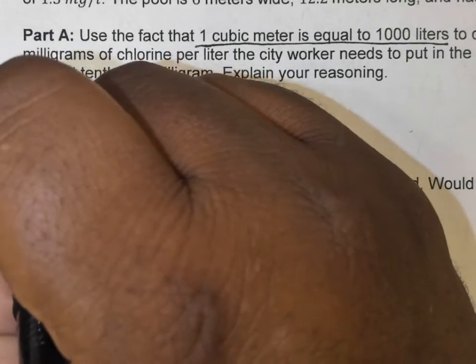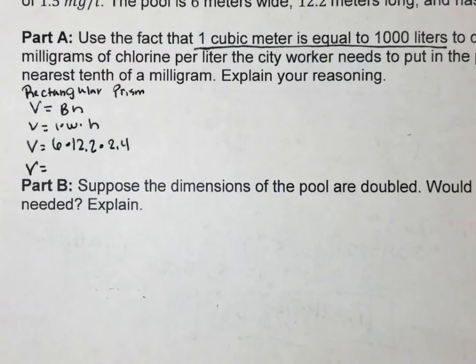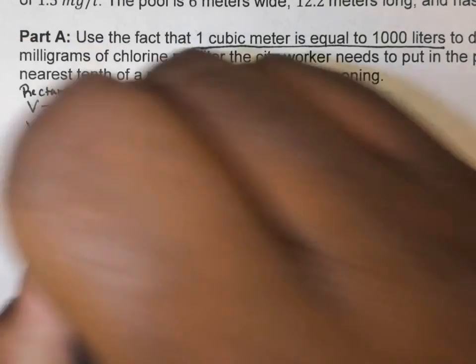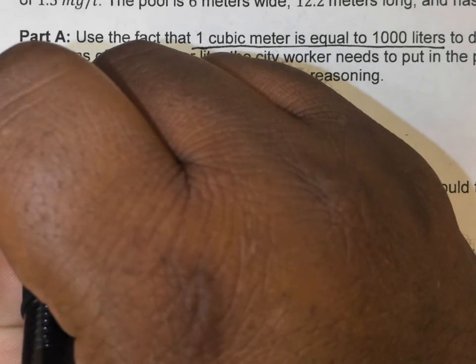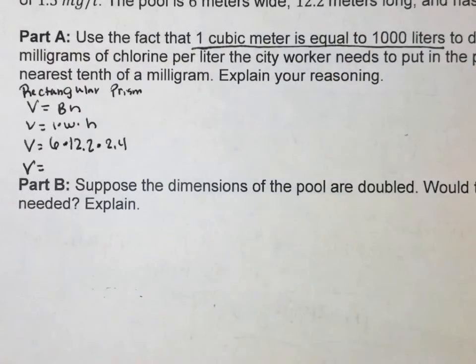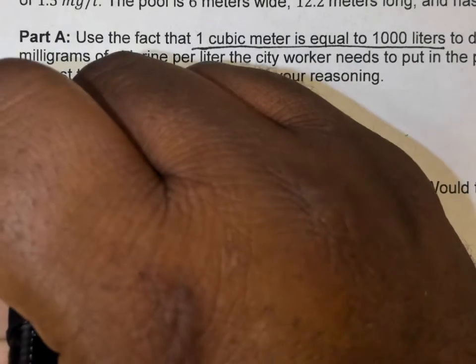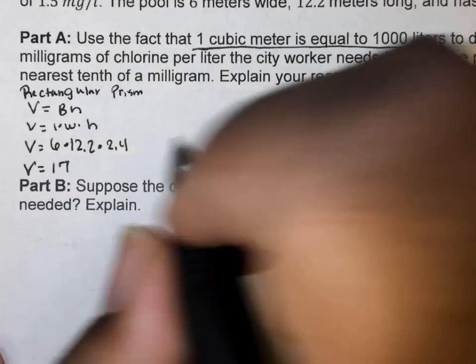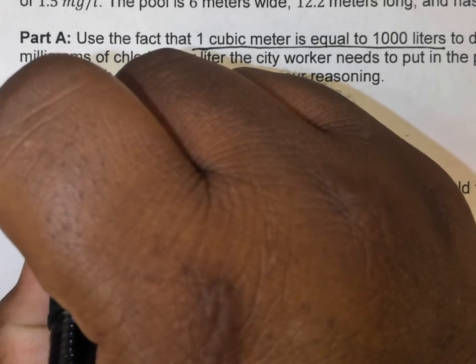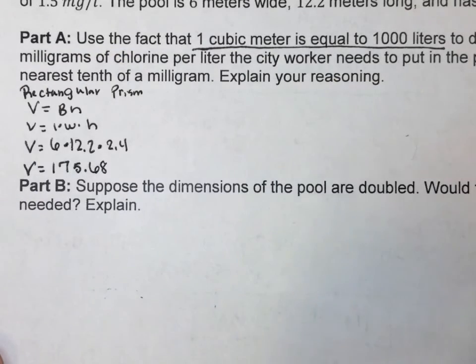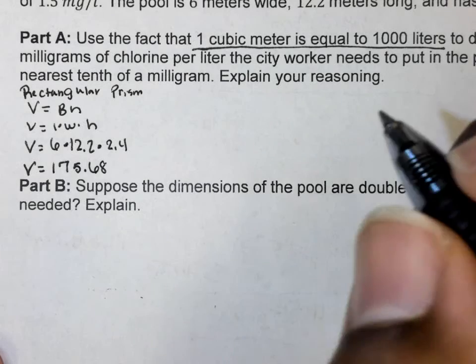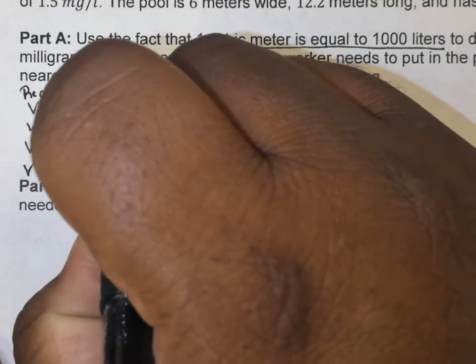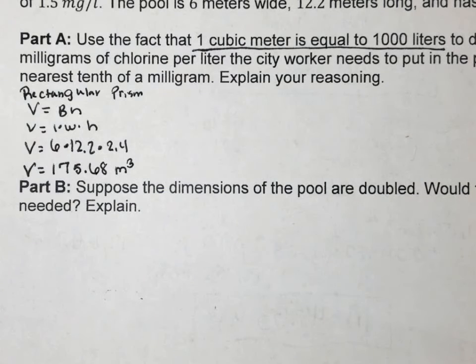Once you multiply those together, what do you get? 175.68, and this would have been meters cubed.